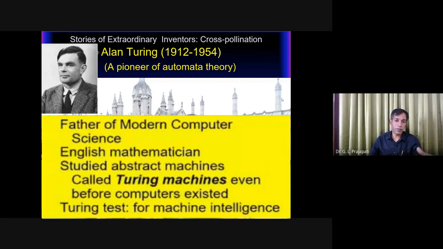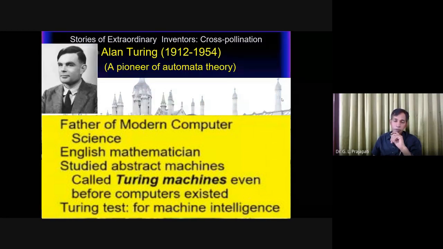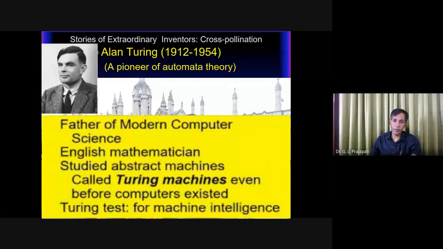You are sitting outside of a room, and in the room you have two partitions. In one partition you keep a machine, and in the other partition there is a human being. You are outside of the room, communicating with the machine and the human being. But you cannot see which partition contains the human being and which contains the machine.